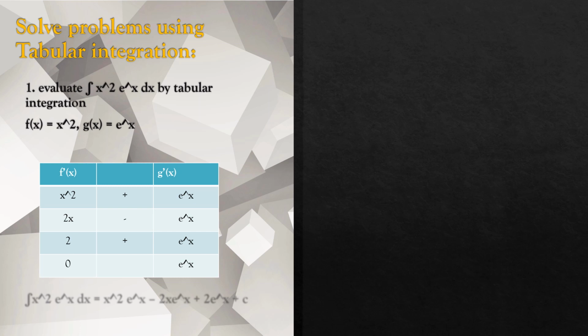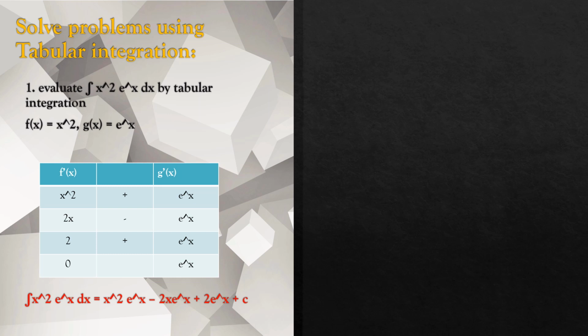To get the answer, we multiply the first line of the derivation, which is x squared, by the second line of the integral, which is e raised to x. So x raised to 2 times e raised to x.